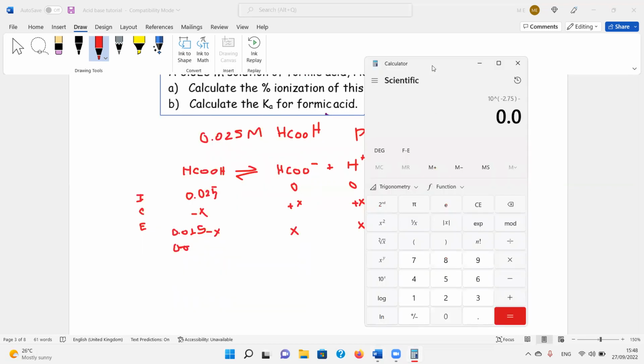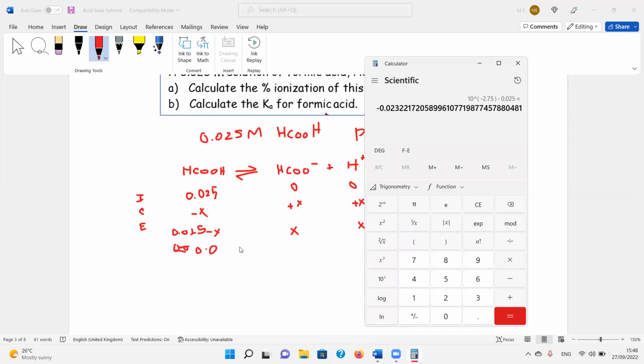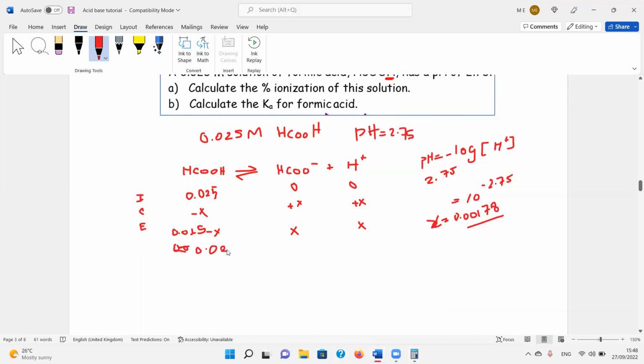That's minus 0.025. Of course, it has to be positive, so this value is 0.0, just to get the exact number, 23. Okay, so Ka in this case equals the concentration of these divided by the initial concentration.